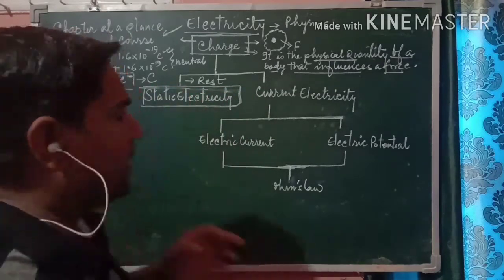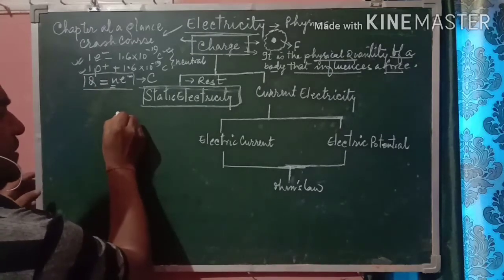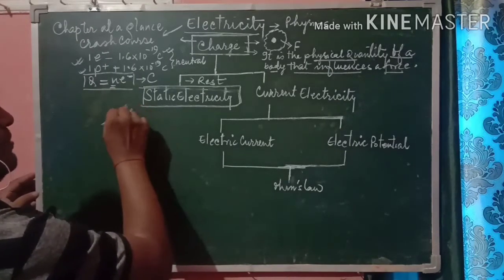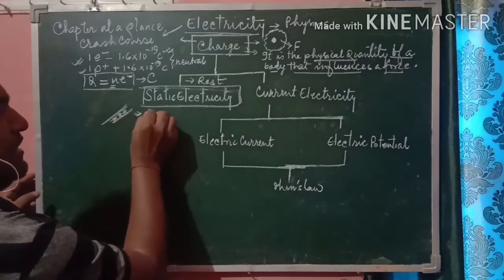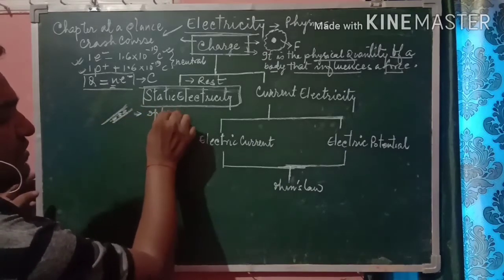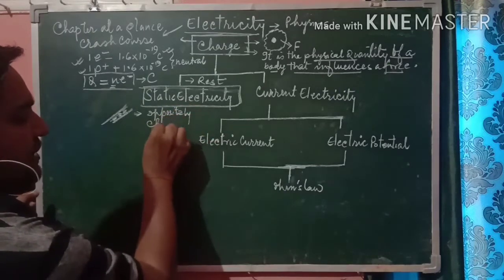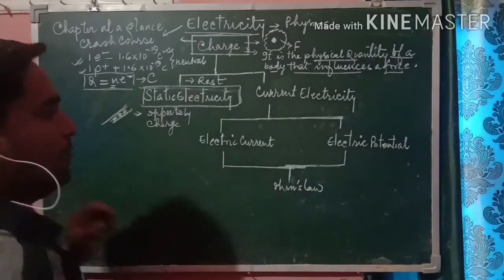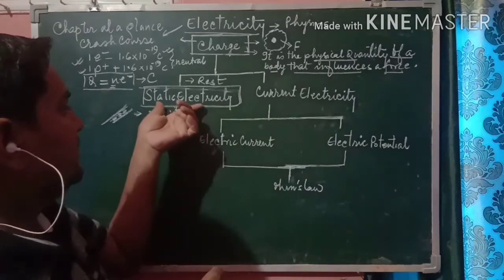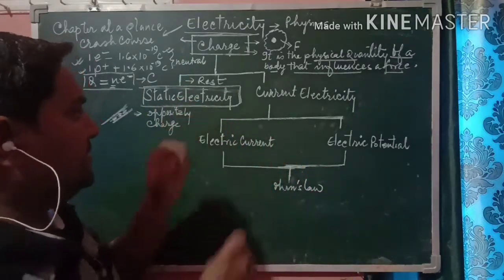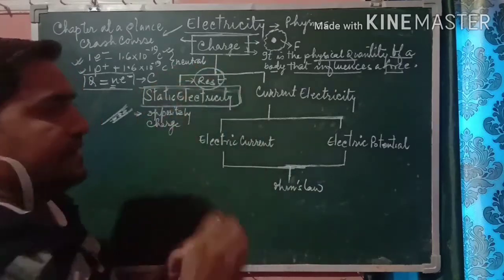So many times you have seen that when two objects are rubbed together, both of them get oppositely charged. That is known as static electricity, as the charge is at rest.